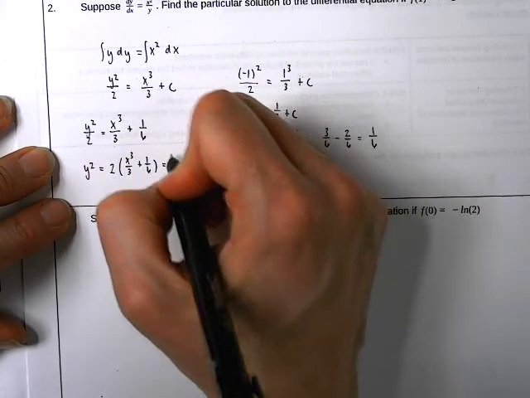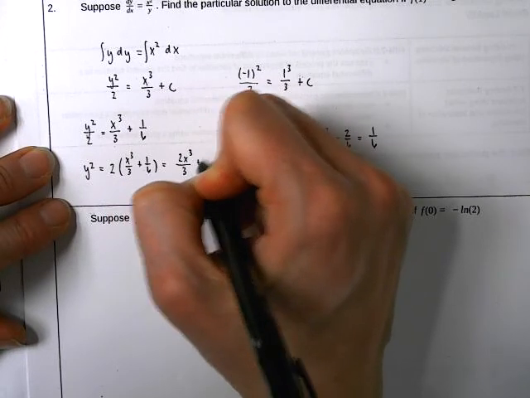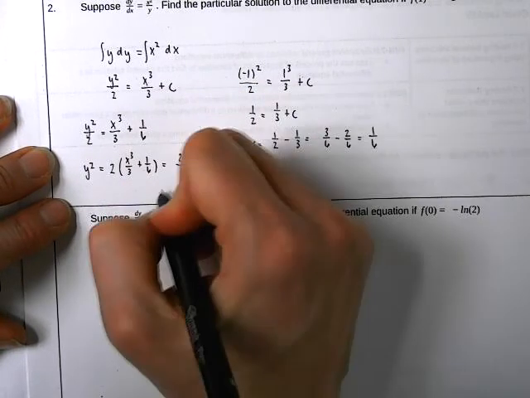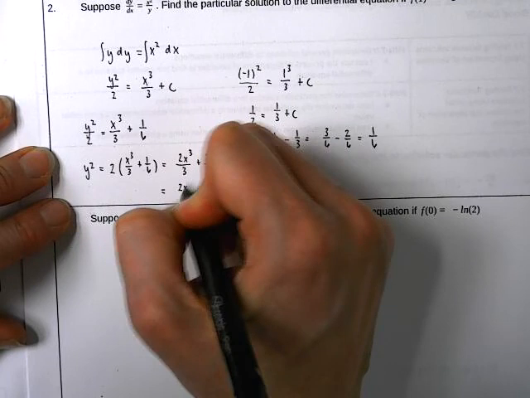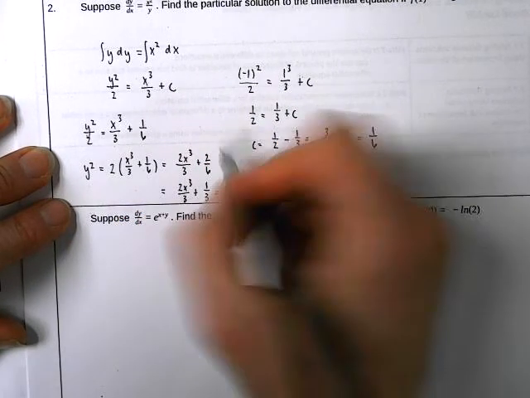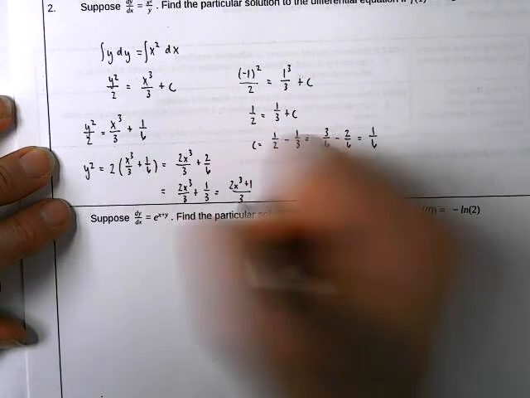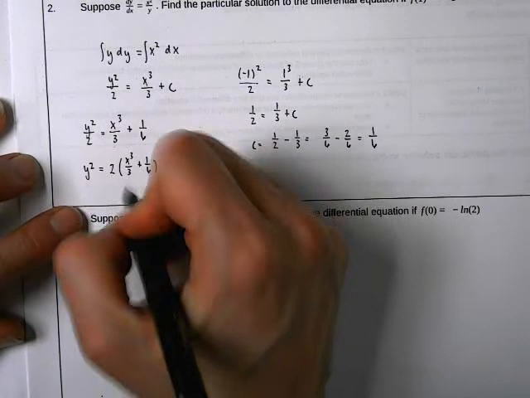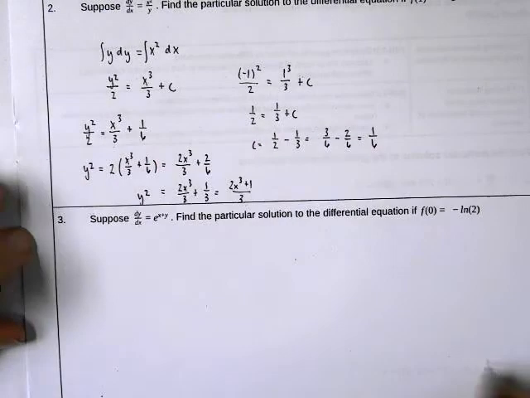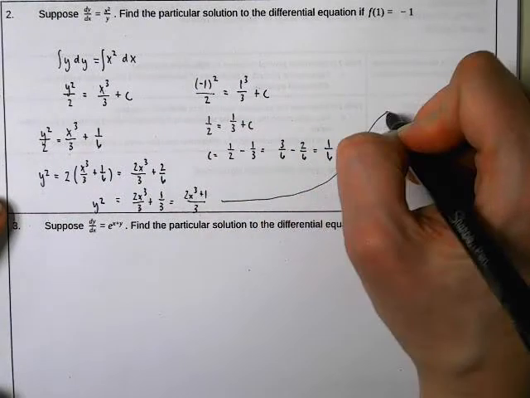So I'm going to get 2x cubed over 3 plus 2/6, or really what I have is 2x cubed over 3 plus 1/3, and I like to make it a common denominator, so 2x cubed plus 1 all over 3. Now that's still equal to y squared.